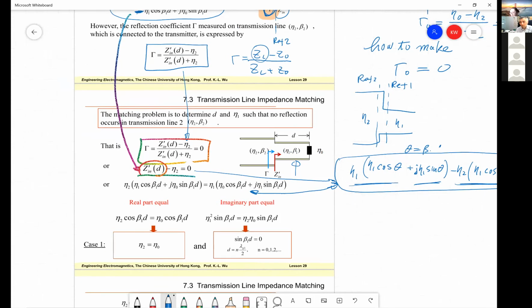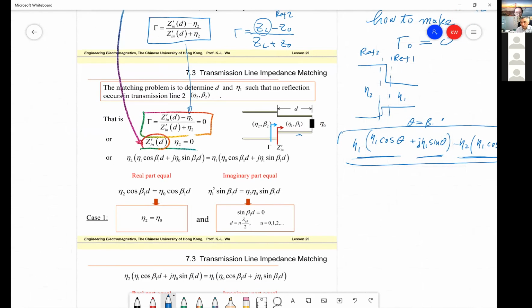If these two numbers are equal, that means the real parts are equal and the imaginary parts are equal. So we have two parts, and both conditions should be satisfied.